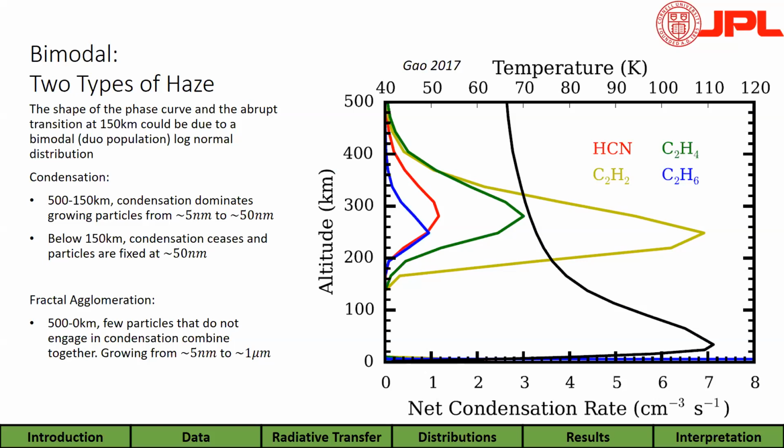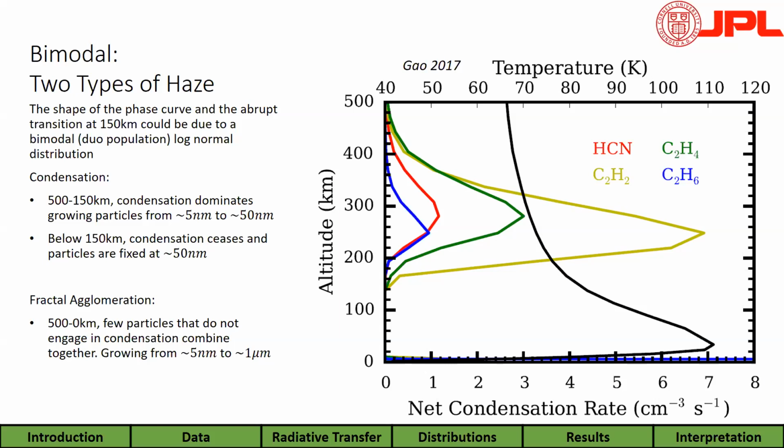So what I'm suggesting is that we have one particle type which condenses from 5 nanometers to 50 nanometers and grows from 500 to 150 kilometers. Once you get below that 150 kilometers, though, where condensation stops, those particles cease to grow.